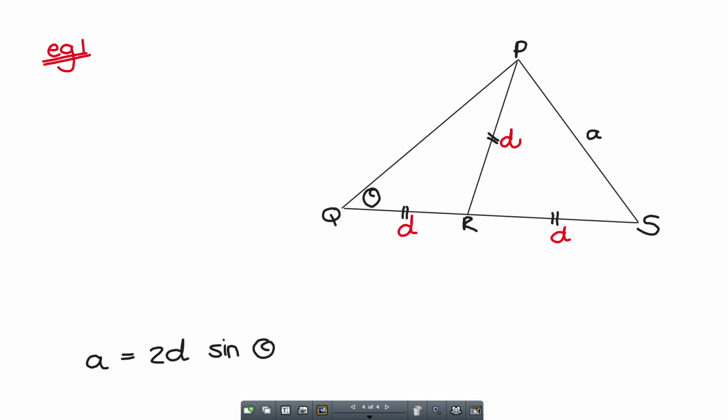Would I use the sine rule? What do you guys think? To me, that was already a clue, maybe sine rule. Okay, toe het ons gesê, wat het ons nou weer nodig vir sinreël? We need the angle and the opposite side. So we either need 2 sides and an angle, or 2 angles and a side.